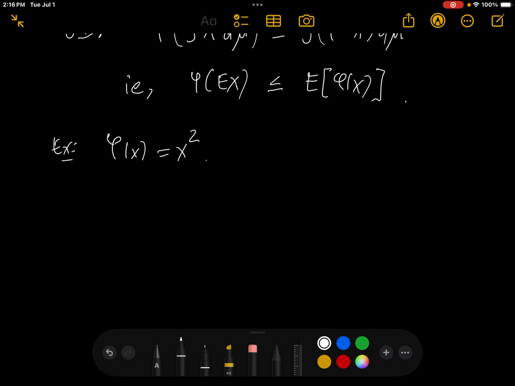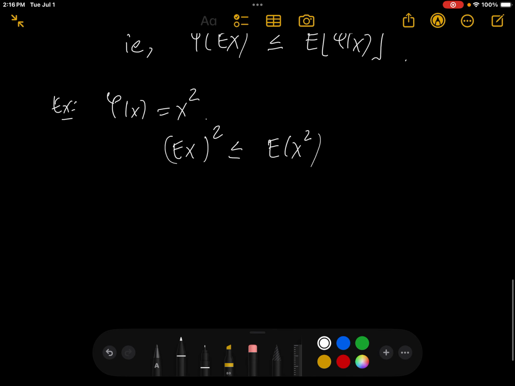It says that if you take the expectation of x and then you square it, that's less than or equal to the expectation of x squared. And we know that to be true from our discussion of variance, right? Because recall that the variance of x can be defined to be the expectation of x squared minus the square of the expectation. And so therefore, this is greater than or equal to 0.